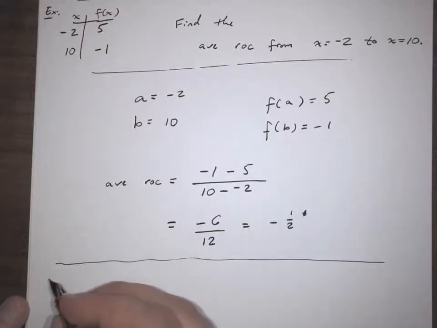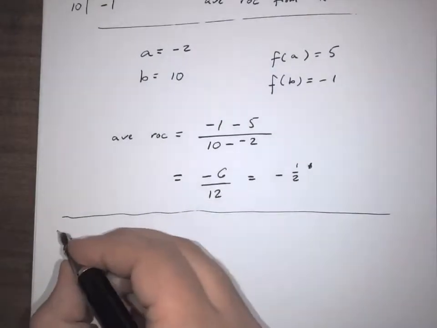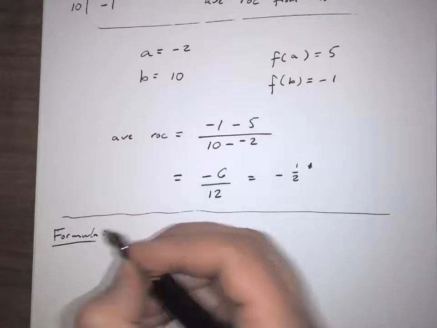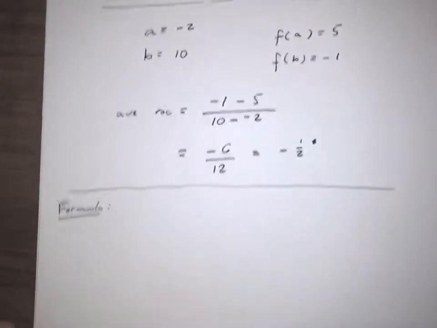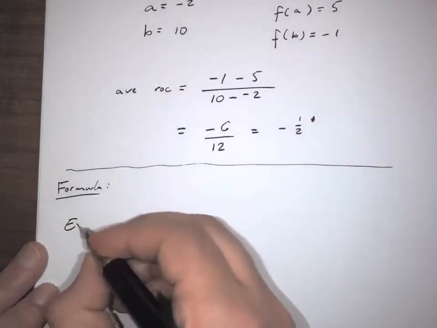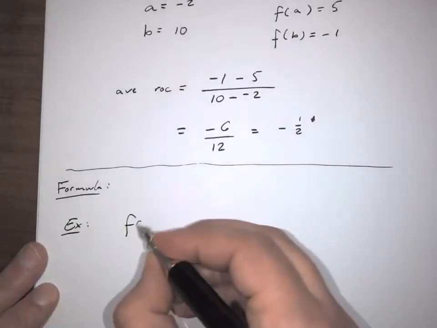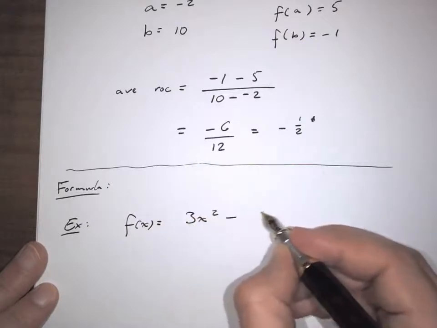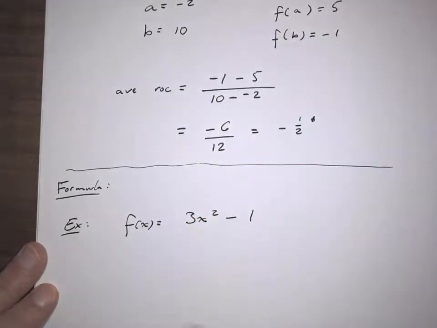And then the last version of this type of problem is if what we have is a formula. So if we have a formula, let's say, for example, f of x is equal to 3x squared minus 1.